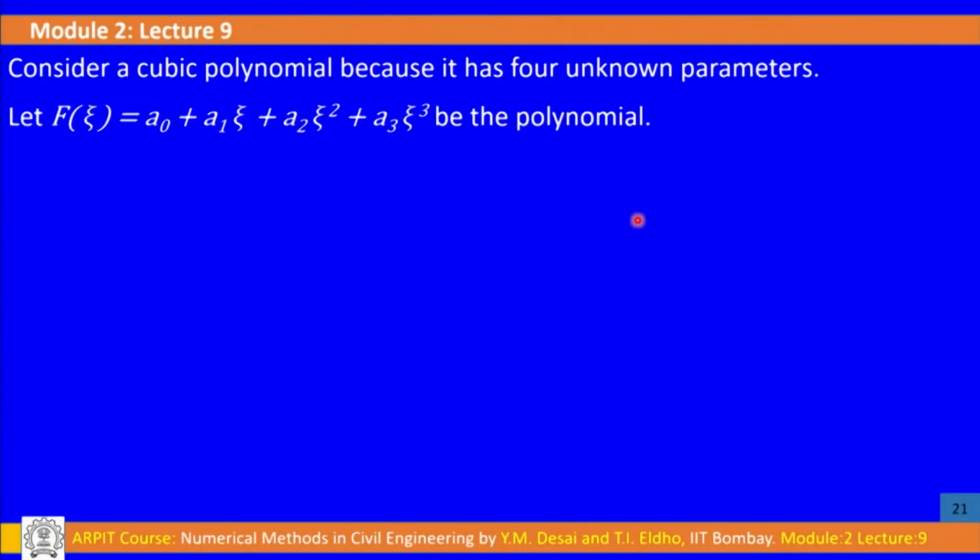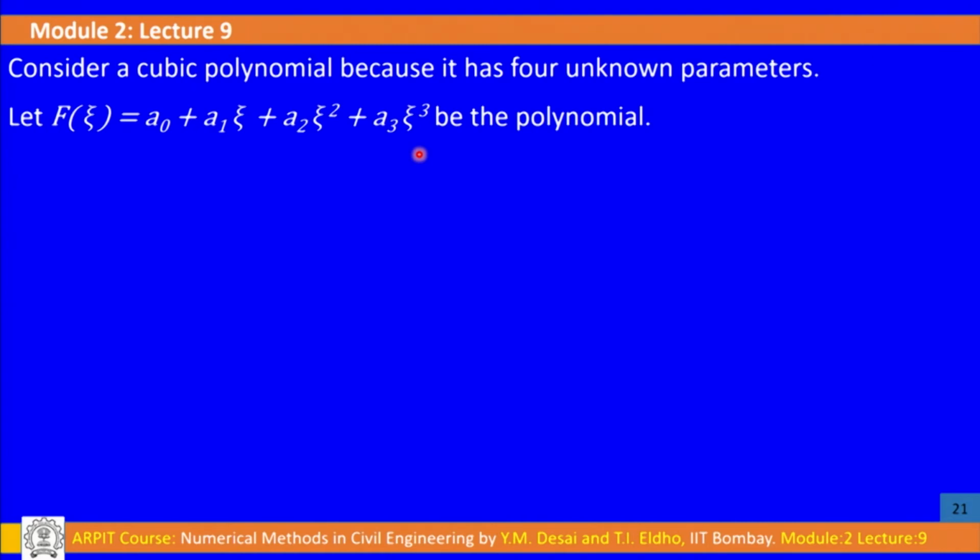Now, since I am dealing with 4 quantities to be determined uniquely, what kind of polynomial will have 4 terms? And the answer is obvious, it is the cubic polynomial, because it has 4 parameters A0, A1, A2, A3. So, he considered the integrand to be a cubic polynomial.